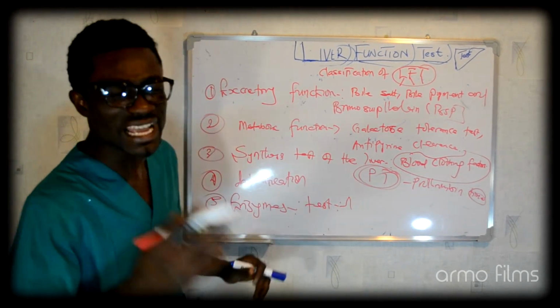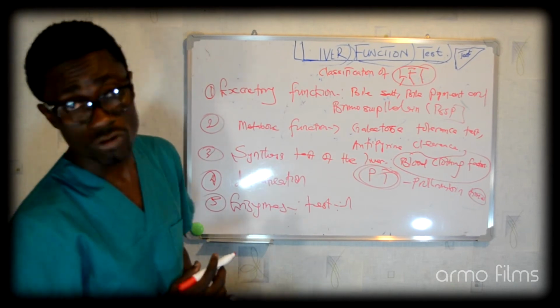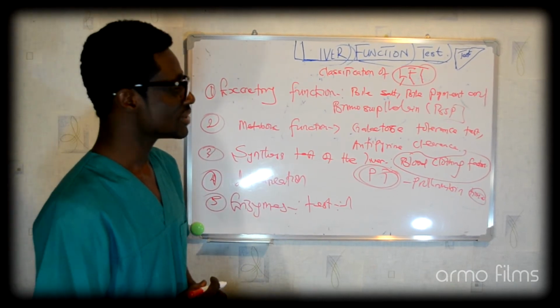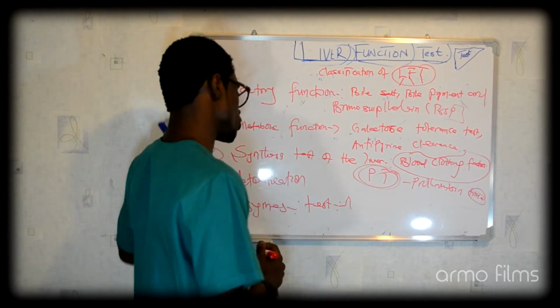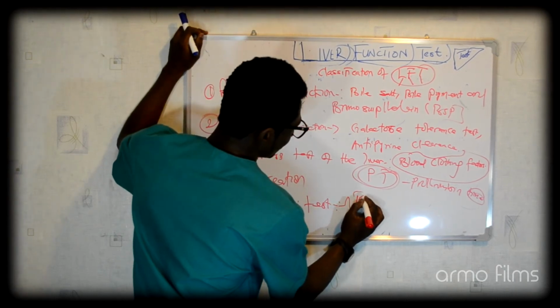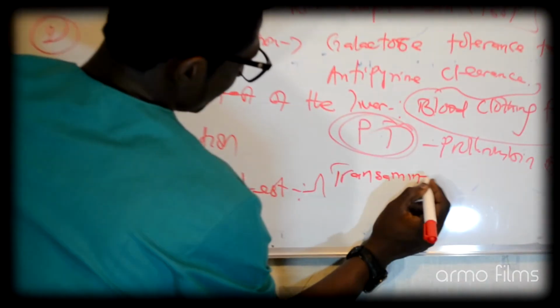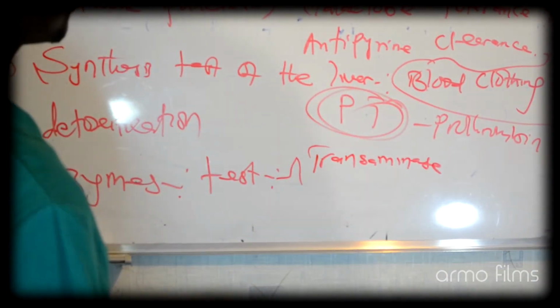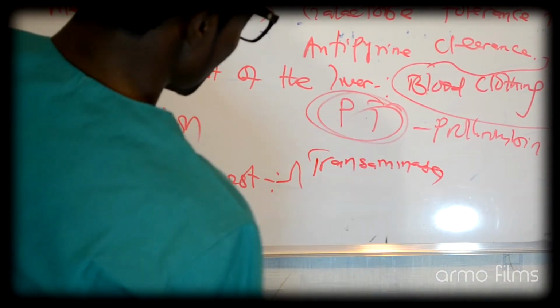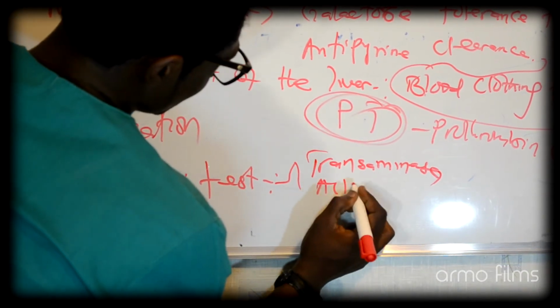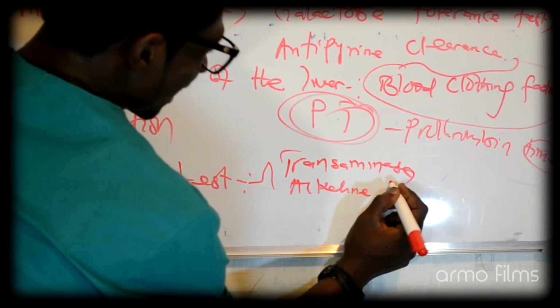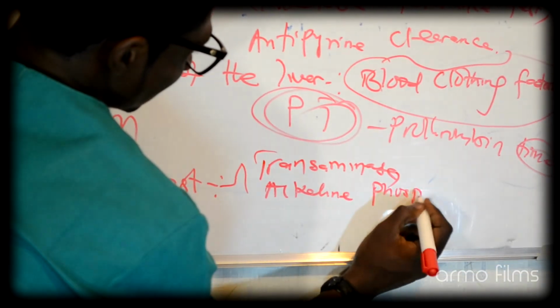So what enzymes do you look out for? You look out for enzymes such as the transaminases. These are very cool enzymes, I like them, because some of them are very specific for the liver. You go for the alkaline phosphatase.